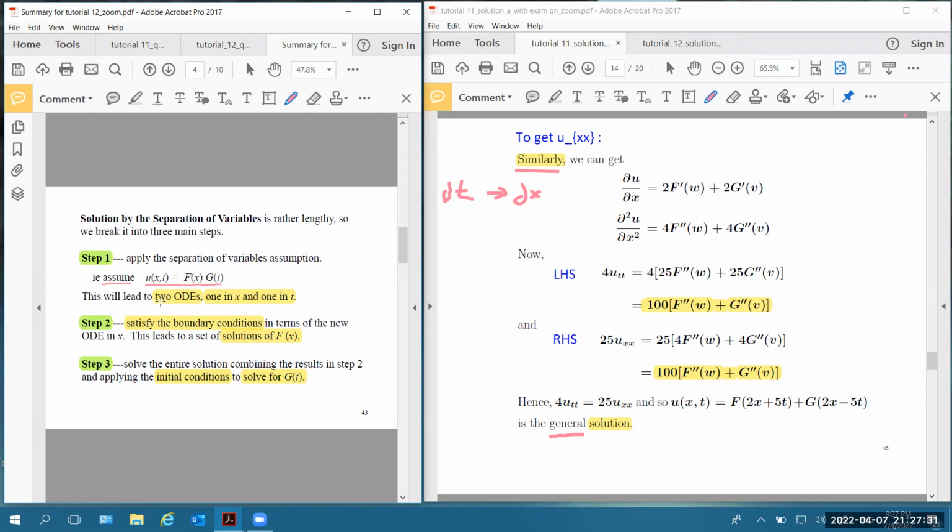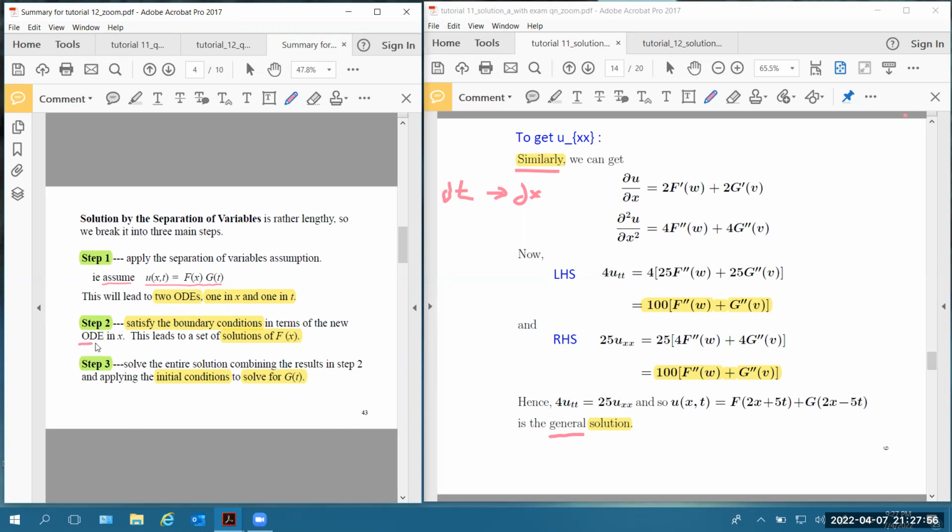That will give rise to two ordinary differential equations. Okay, one in x and one in t. So you substitute into the PDE, and from one equation there, it will give you two ordinary differential equations.